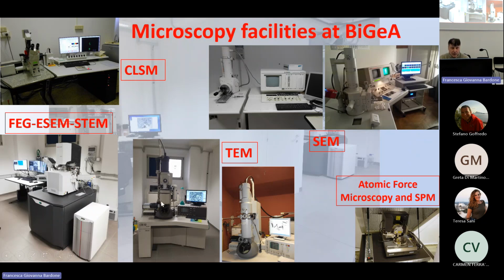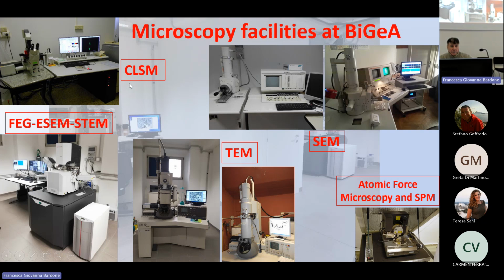Then we have two classical transmission electron microscopes, the image in here. We also have a classical SEM, and a scanning probe, which always uses scanning to understand the material but does not use electrons in the classical sense of electron microscopy. It's a classical atomic force microscope.